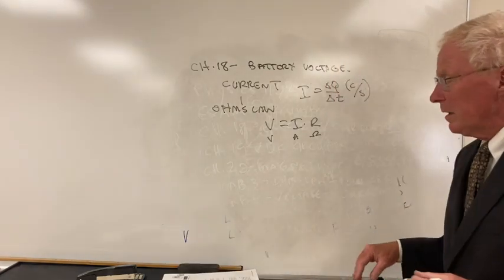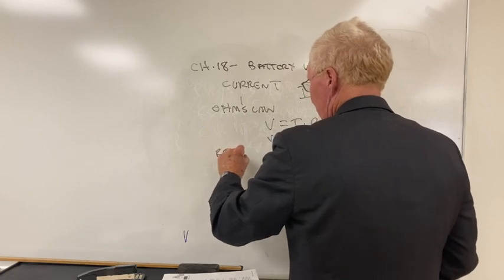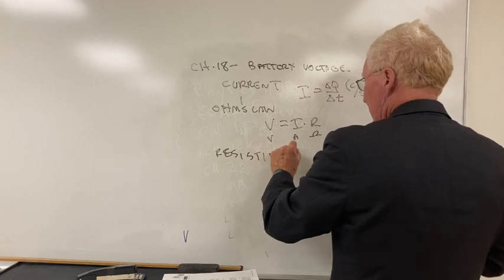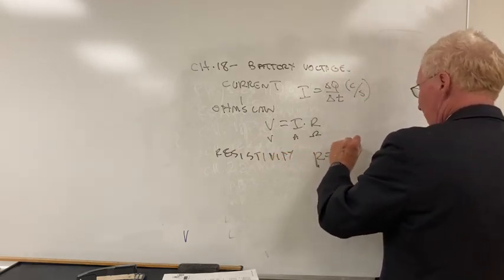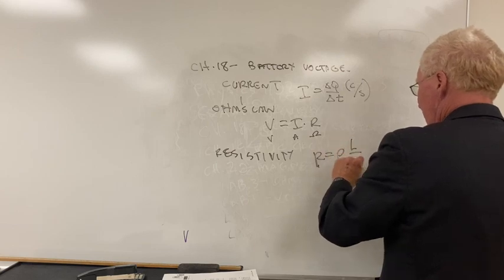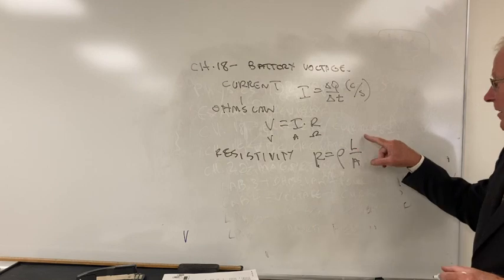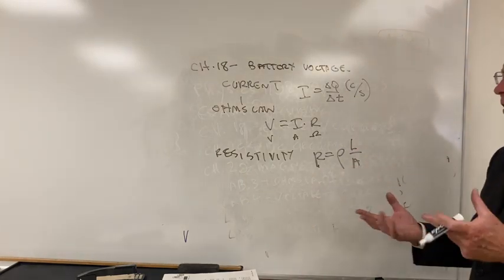We get a little bit again on resistivity, which is R is rho L over A, where rho is the resistivity, L is the length of a resistor, and A is the cross-sectional area, which makes sense.